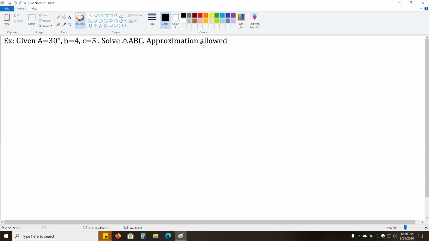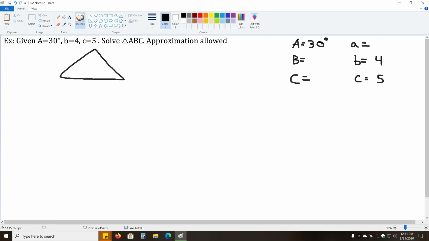So again, we want to make a list of all of the information we're solving for: angle A, angle B, angle C, side A, side B, and side C. We were given angle A is 30 degrees, side B is 4, side C is 5, so we're solving for angle B, angle C, and side A, and we're going to make a sketch of our triangle.